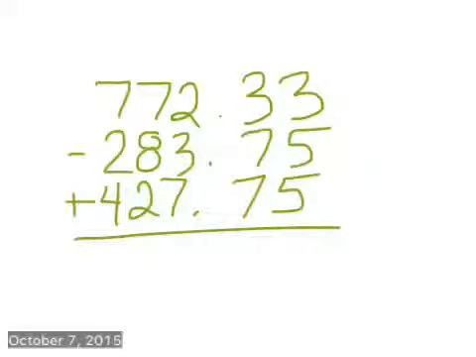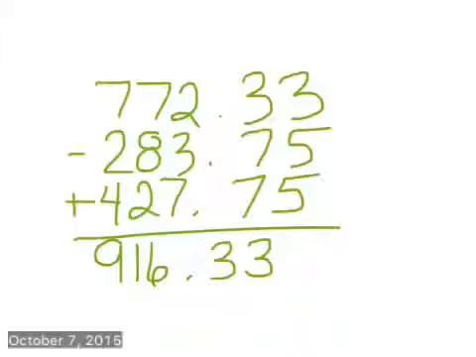So again, you take the $772.33, you subtract out the $283.75, and you add to it the $427.75, and how much money should be in my account? $916.33 is what one person says. Did anybody else get that? Yeah. All right, then we must be okay.